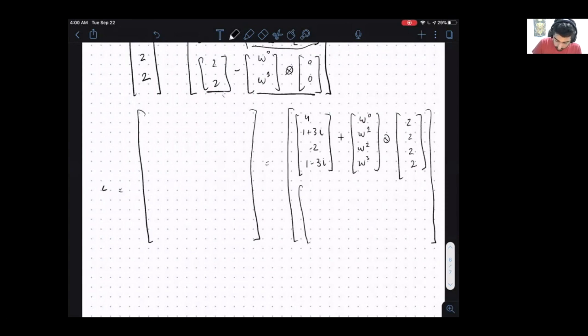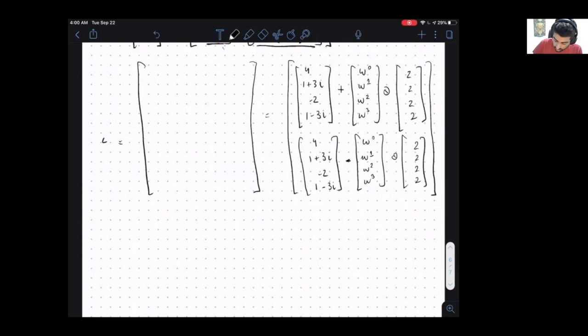And the bottom half is going to be the same left subvector. So by this point, I think you get the drill, minus this vector of constants, omega naught, omega 1, omega squared, omega cubed, pairwise multiplied with the right subproblem vector.